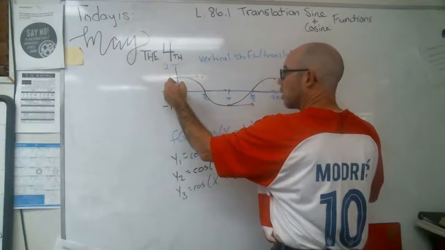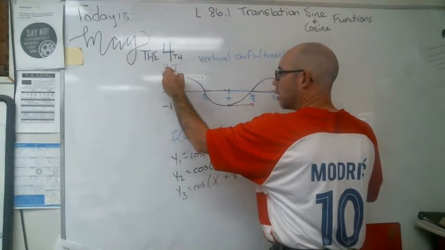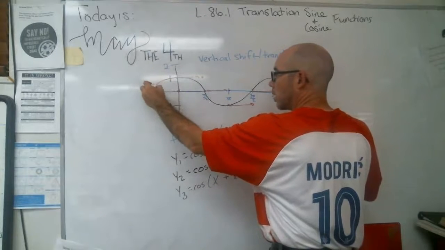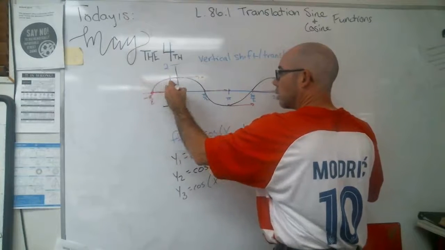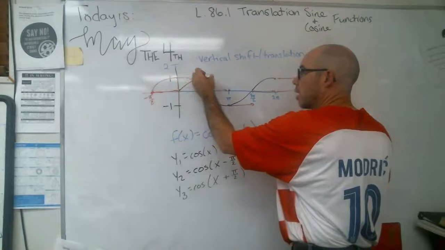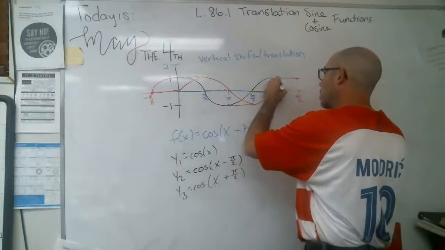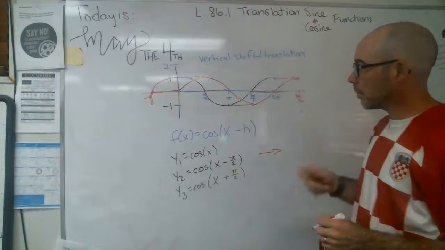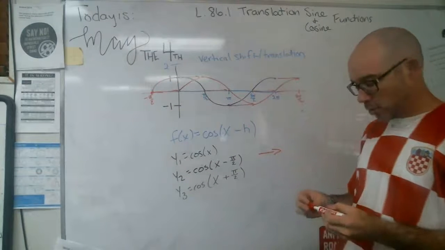Where would this point get shifted over here, right? This thing would go like this at negative pi over 2, and this point gets shifted pi over 2 radians this way. So connecting the dots, we got here, here, here, here, back up there, right? Everything's been shifted that way, pi over 2 radians.